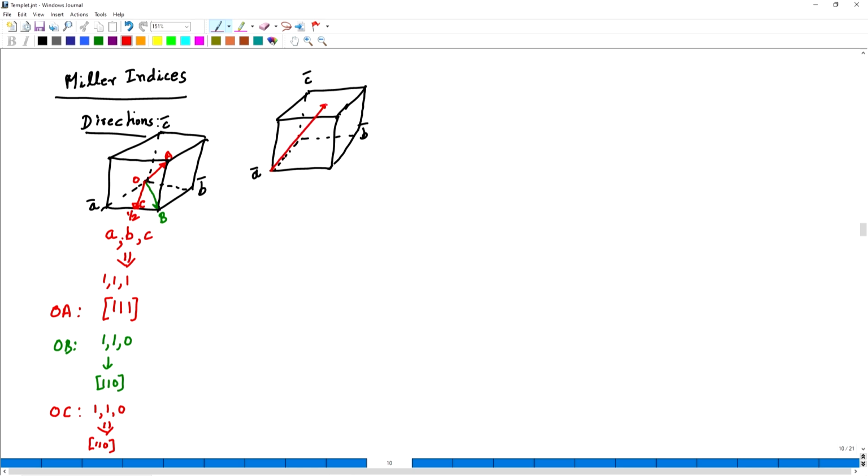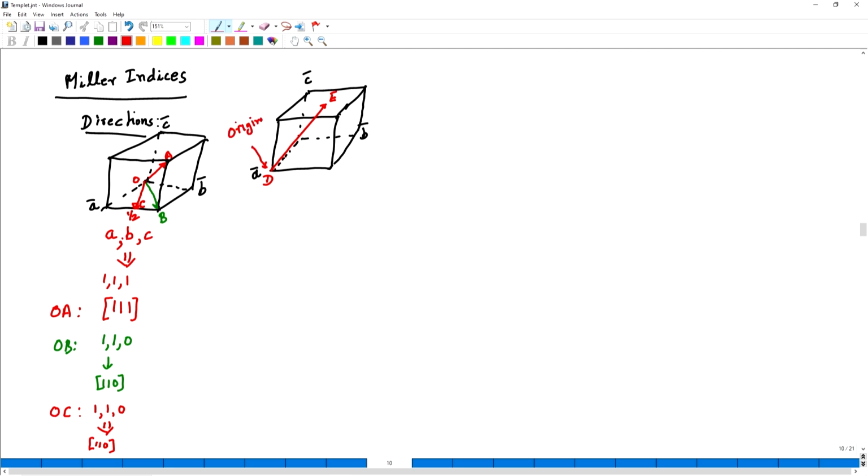Now, this vector is intersecting the top face at the midpoint. So, how do I now define the components for this? For this I need to shift the origin. Let me call this vector DE, and I shift the origin to point D.